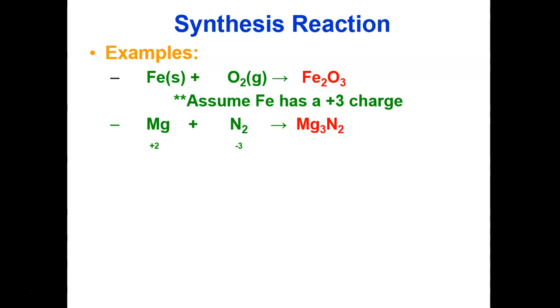So we need 3 magnesiums to balance out 2 nitrogens. Now, when I look at this formula, I can easily balance this equation by putting a 3 in front of magnesium on the left side. It just so happens that nitrogen has the same subscript on the reactants and the product side. That is merely a coincidence. That's just how it happened to work out in this case.